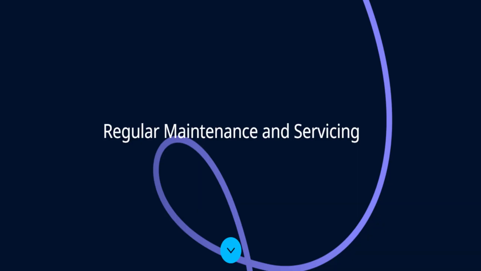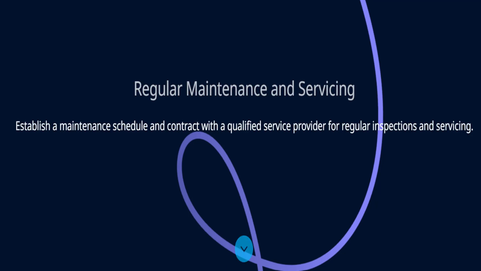Regular maintenance and servicing. Maintenance strategy. Finally, regular maintenance is essential to ensure the continued safe and efficient operation of the lift. Establish maintenance schedule. Work with a qualified service provider to establish a regular maintenance schedule. This ensures that inspections and servicing are done in a timely manner.